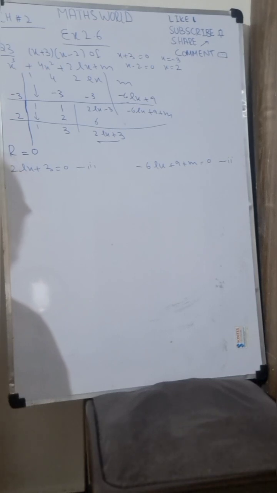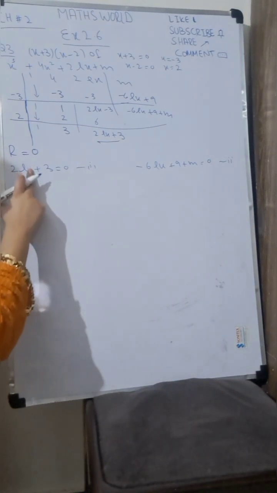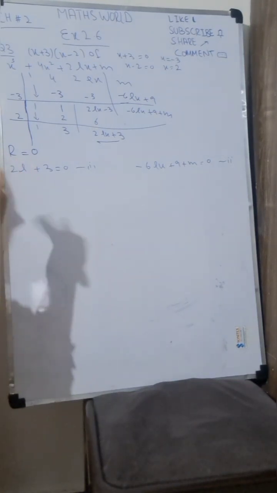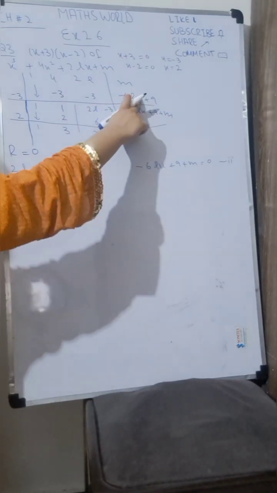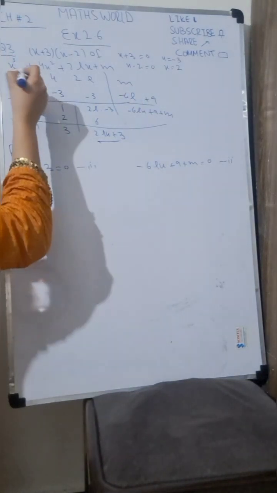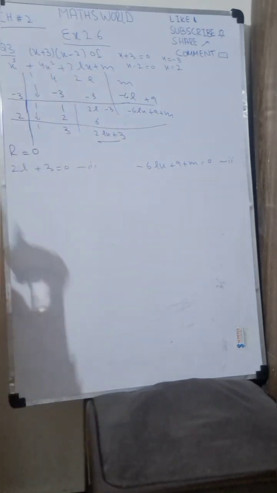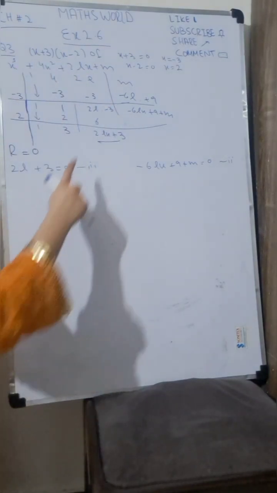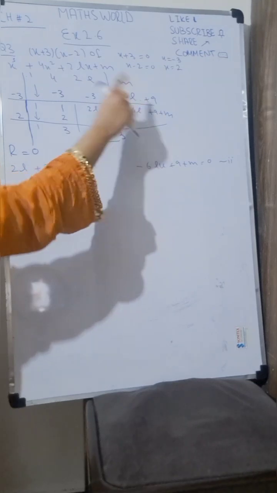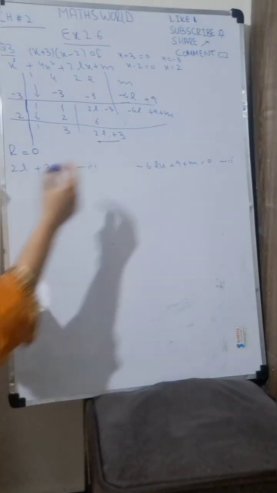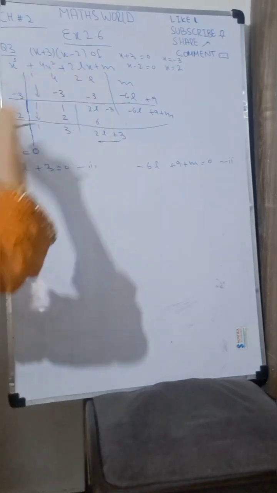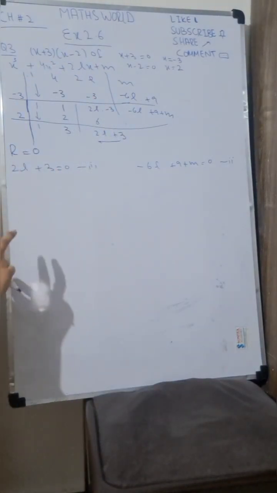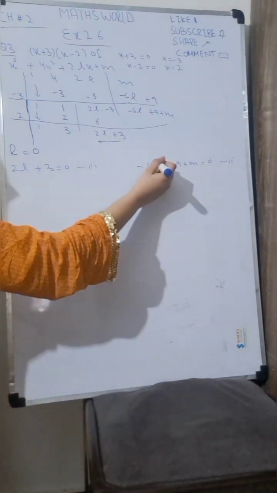You don't have the x because x is 2 and 3, so you are just writing L here because x is the relevant thing. Don't write L, x also. Here you don't write L because x is the addition factor. Because you don't write here x cube, so why do you write here x? This is the thing that you're going to remember. That's why I wrote it, so that you people understand well while I am telling you. You don't write x here because you don't write x squared, so why add it in the factors? This is the main concept. There are people who make mistakes.